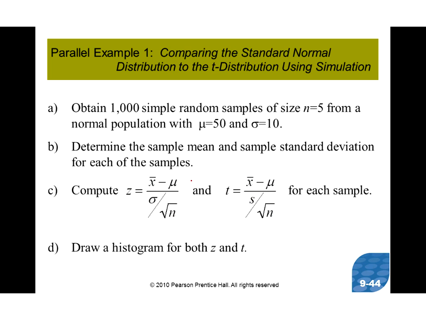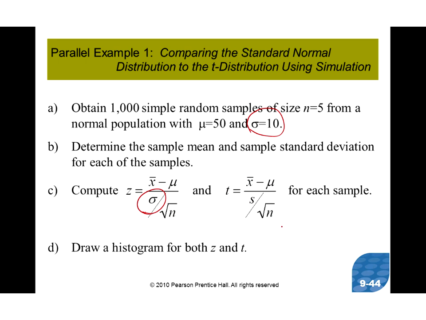They found the mean, no difference in how you find the sample mean, which is also the point estimate for the population mean. The big difference is for the z, we're going to use sigma, where in the t, we're going to take those 5 data points and find the sample standard deviation.